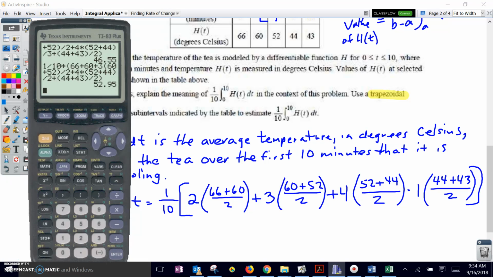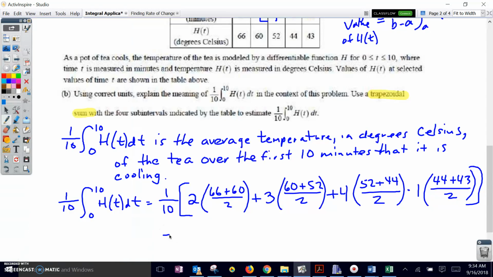Alright, and now we get our average temperature of 52.95 degrees Celsius. Okay? I'm surprised you didn't say anything when I had that 3 in there. Maybe you did. I just can't hear you because this is a video.